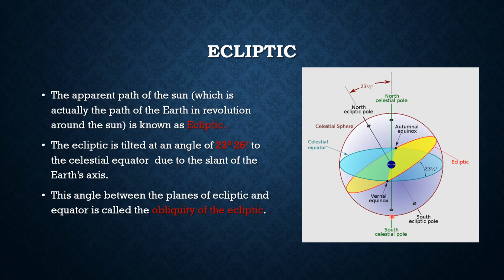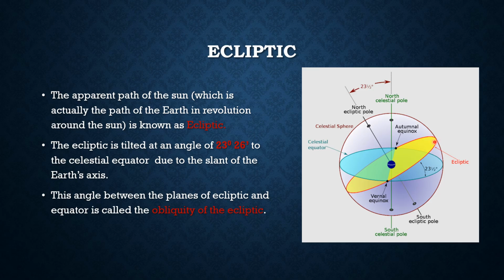The next important thing is the ecliptic. So what is the ecliptic? The ecliptic is the apparent path of the sun, and actually speaking, this is the path of the Earth in revolution around the sun.